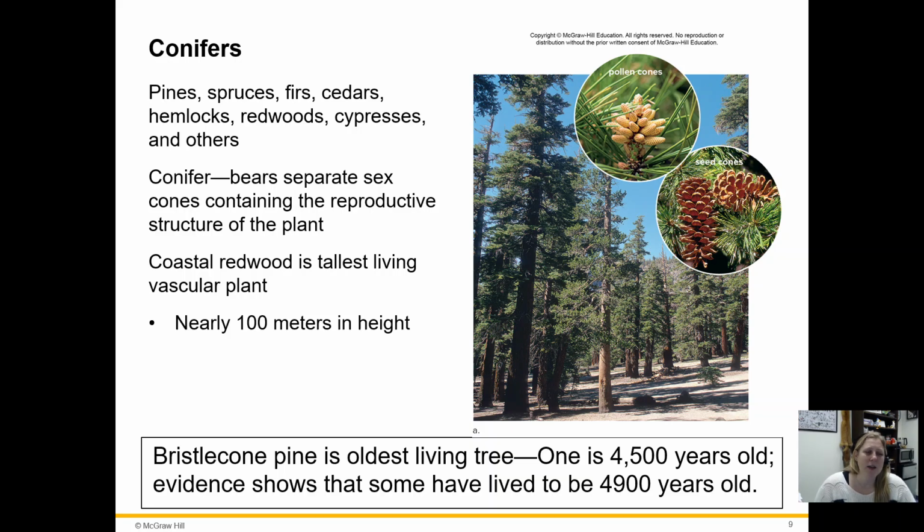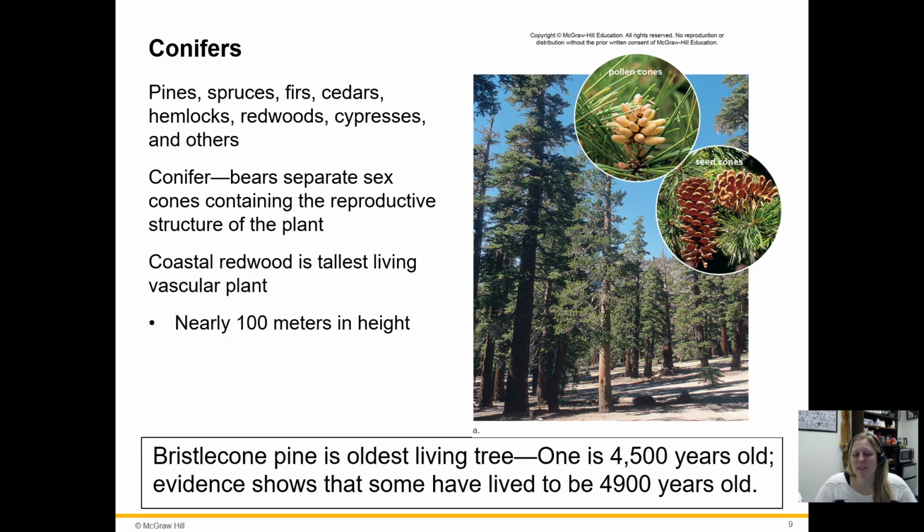Within our conifers, we have the oldest living and the tallest living plants. The bristlecone pine is the oldest living tree, and if you look up pictures of them, they look dead. They're not. They just grow maybe half an inch a year, very, very slowly. They have some needles, but they do look mostly dead.